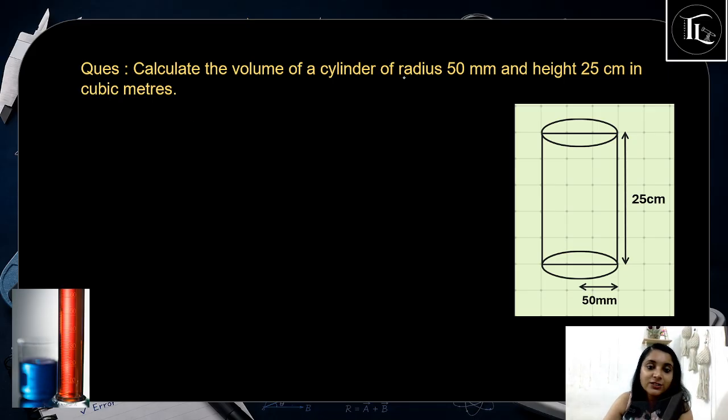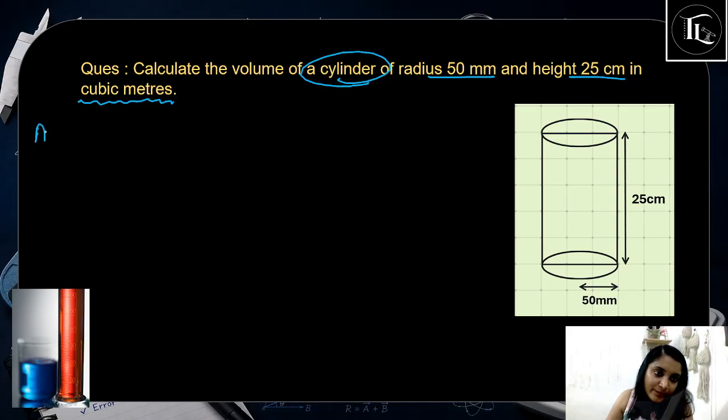Now it says calculate the volume of a cylinder whose radius is 50 millimeters, height is 25 centimeters, and we have to calculate the answer in meter cube. For millimeters, I did not show you the conversion, but we'll do it now.